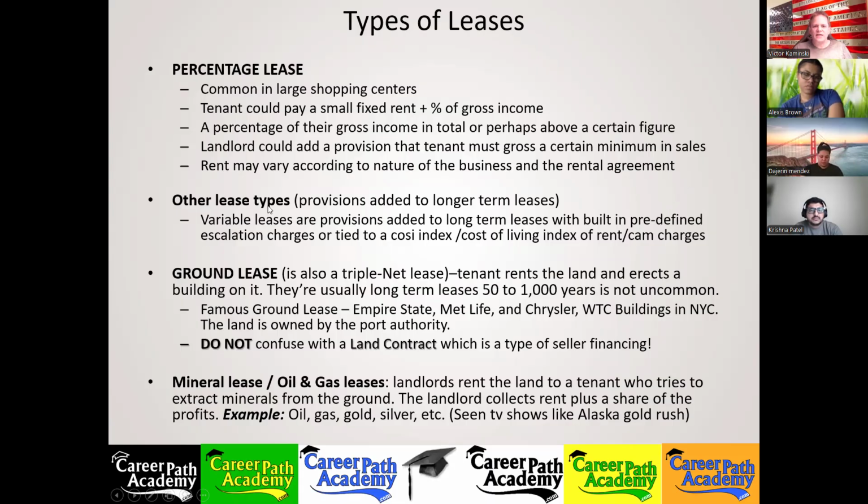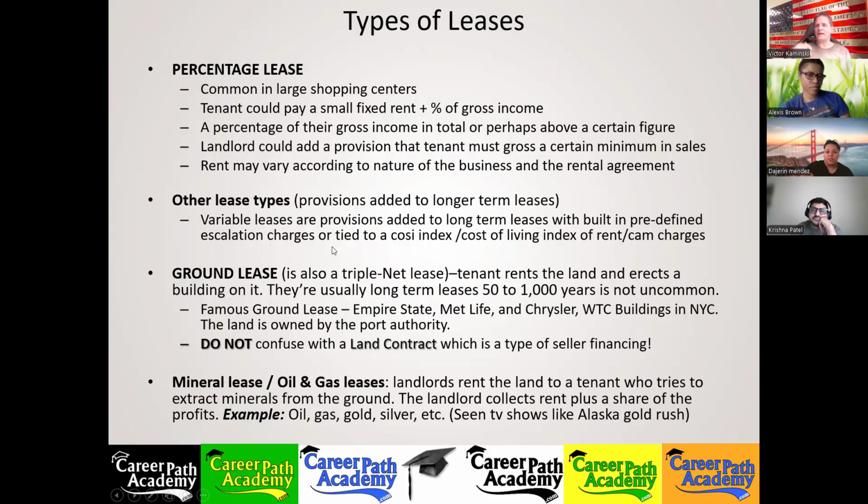Now, there are other lease types. Under the category of other lease types on page 247, they're talking about provisions that are added to longer term leases that talk about rent escalations. So an example would be a variable lease, where provisions are added to the long-term lease with a built-in predefined escalation of rent charges.